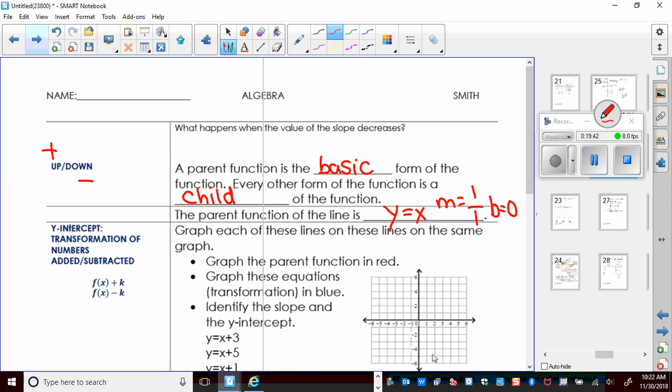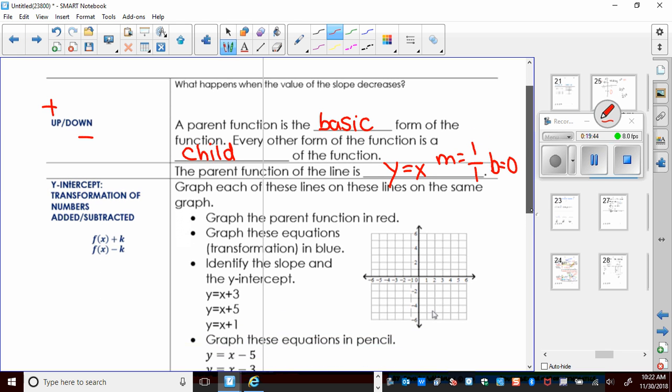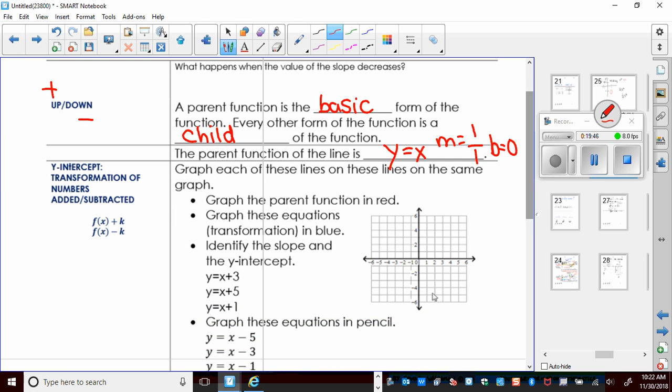Slides are easier sometimes than other transformations. So parent function start at 0, go up 1, right 1, up 1, right 1, all the way up until I make that diagonal all the way up and down the center of this graphing map. So here's my parent function. It is y equals x.